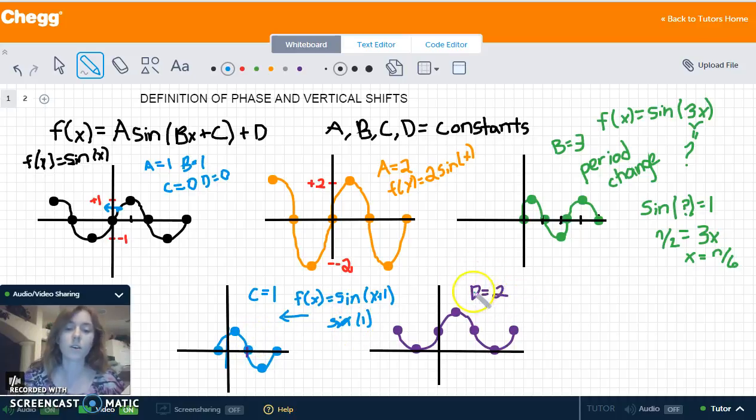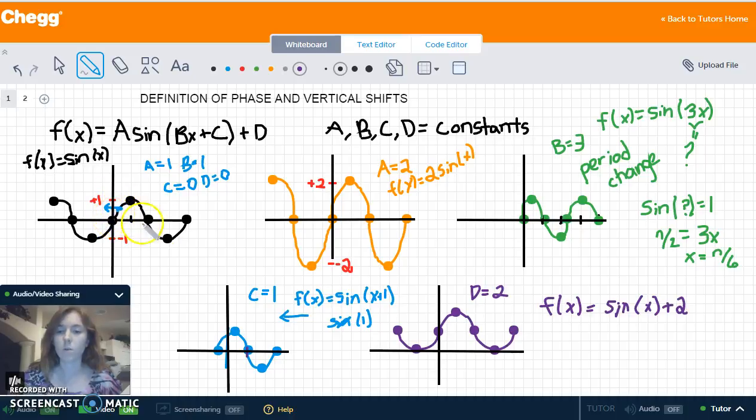So now we've got here, d is equal to 2. That means f of x is equal to sine of x, then outside the parentheses, I have plus 2. So let's relate that to this graph I have here. Let's make x equal to 0.